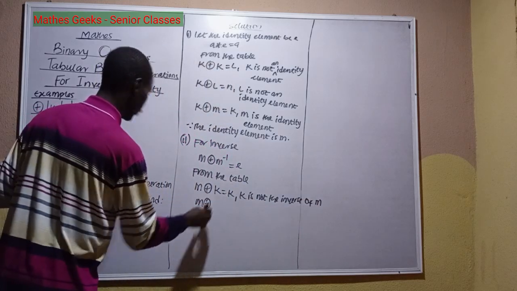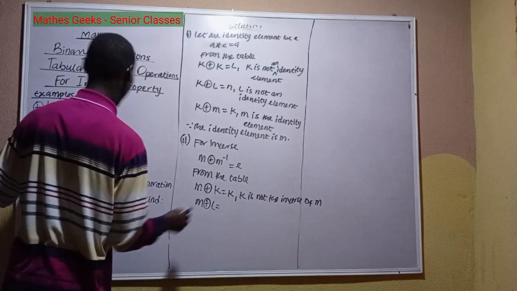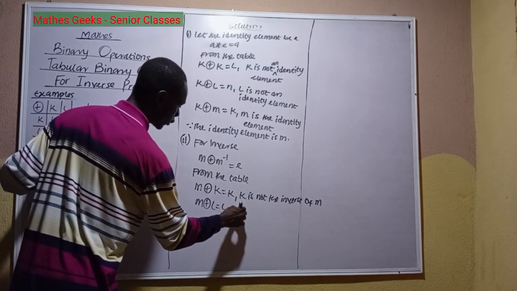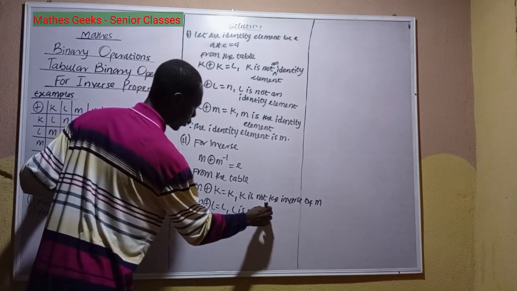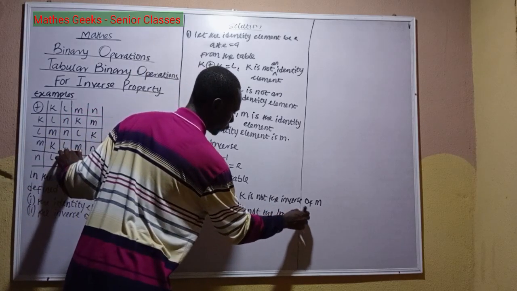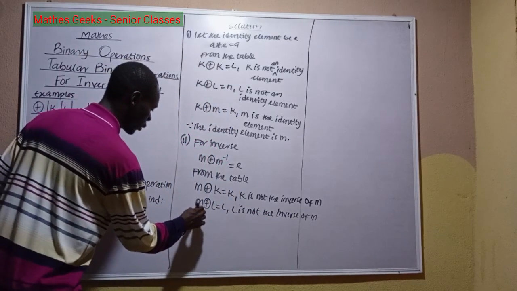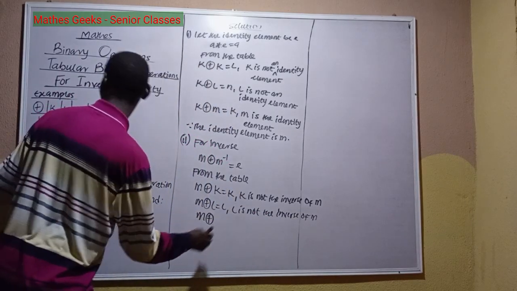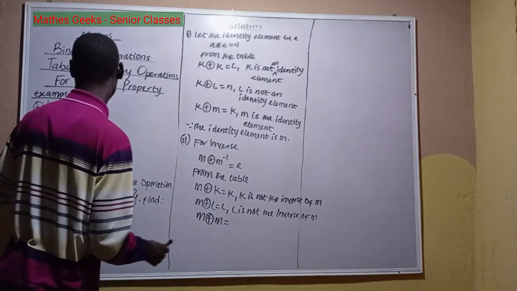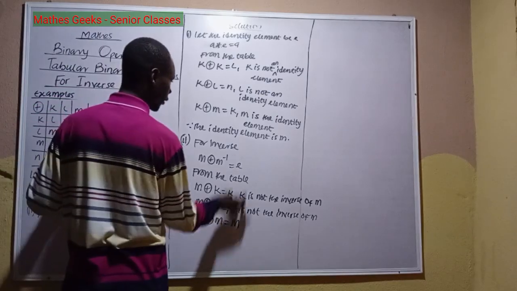N plus L, what is it giving us? L. And L is not the inverse of N. N operation N, what is it giving us? N. N is the identity.